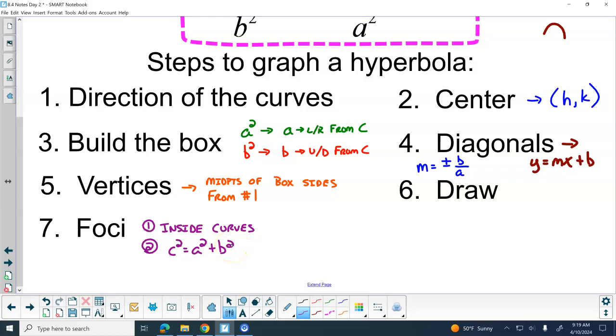And c is our distance. And then we add or subtract c to h if it's a left-right hyperbola. We add it to k if it's an up-down.